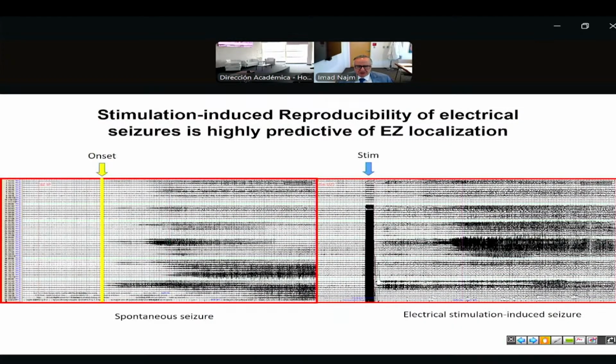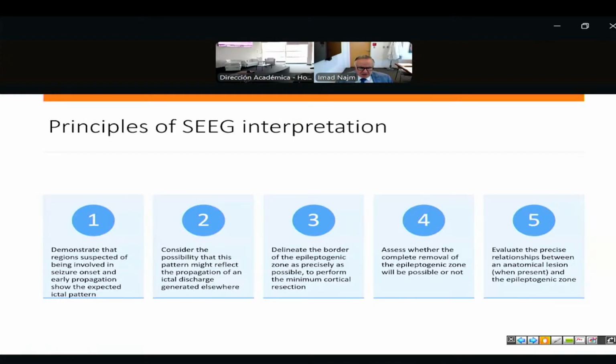This is a small example showing a spontaneous seizure, and a seizure after stimulation, basically giving us more or less the same pattern of activation in the same set of electrodes, with probably a little bit more in the spontaneous seizure, as you see here. To summarize, what I tried to convey is there are some principles here for SEEG interpretation.